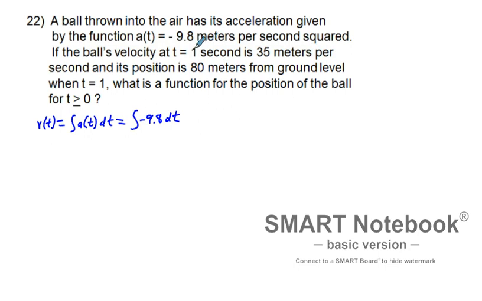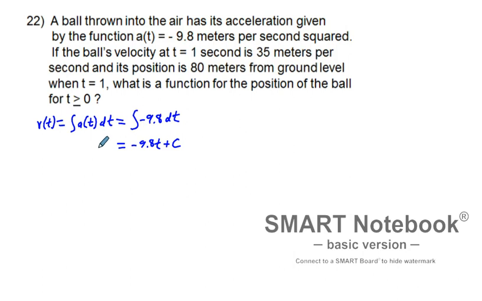So we have negative 9.8 t plus c. And now we're told the ball's velocity at t equals 1 second is 35 meters per second.